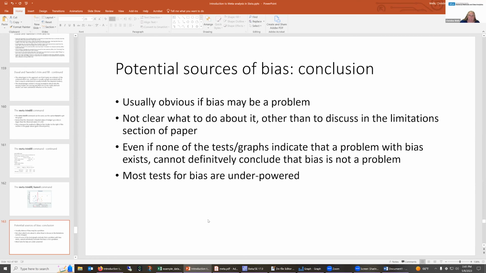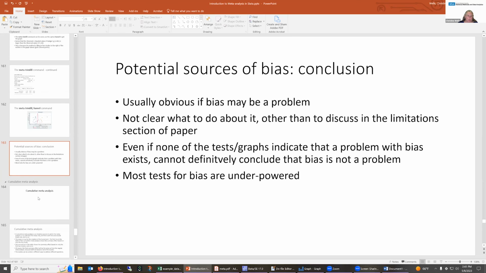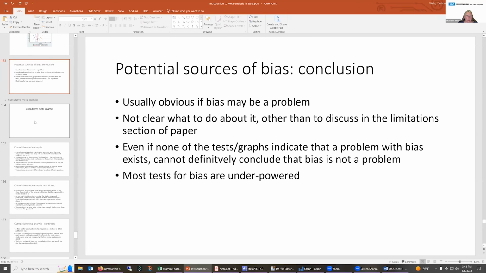And always remember that most tests for bias are underpowered. So that's why you can't say, oh, they were all statistically non-significant, I'm good to go. They're underpowered. So I would be cautious there.